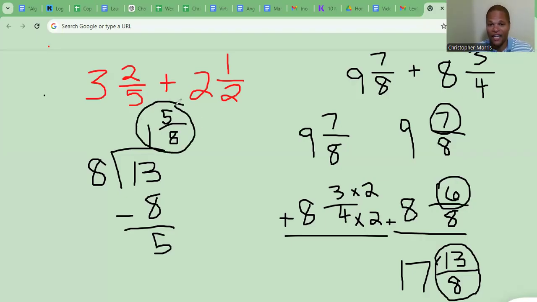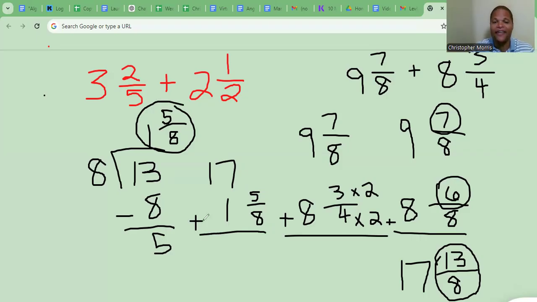1 and 5/8. So think about it this way. You had 17 and 13 over 8. You just took the 13 over 8, moved it over to the side, and realized that's the same as 1 and 5/8. So what you're really going to do is take the 17 that you already had and add the 1 and 5/8 to it. I'm just going to stack it over here so you can see this. We're going to add those together.